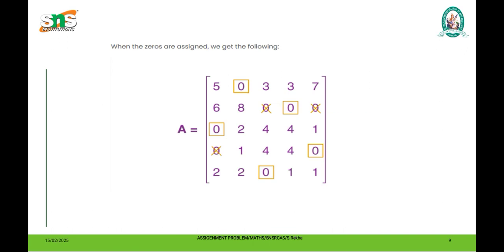Then we have to assign the zeros. Each row should have one zero, so if there are 2 zeros we move with one zero. The first row has one zero, and we check the horizontal and vertical lines; if any zeros are there, we strike them out. No zeros are there, so go with the third row, because the third row has only one zero, so mark that zero, and the horizontal having a zero, strike it out.